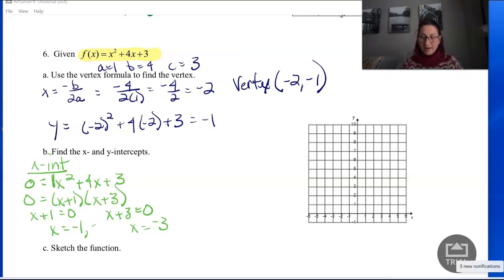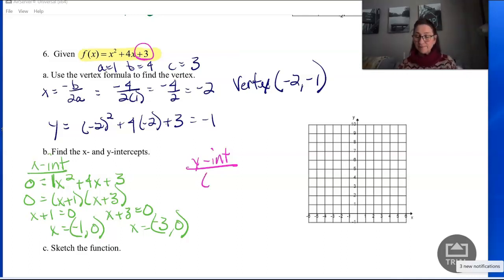Those are my x-intercepts, right there. My y-intercept is simply going to be that c value of 3. There we go. Let's go ahead and sketch this. So our vertex of negative 2, negative 1, there we go.